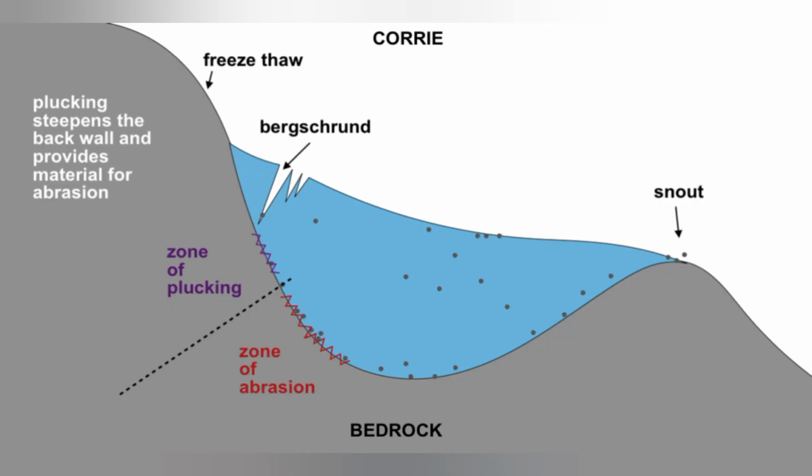Now let's talk about the landforms which are created by glaciation. The first of its kind is called a corrie or cirque, which is basically a very deep and hollow depression which is surrounded by very steep walls. It basically looks like an armchair which has steep walls, and in between there is a depression filled with ice.